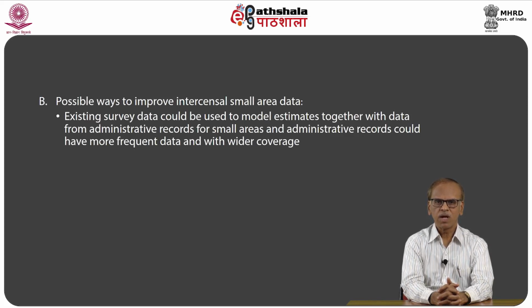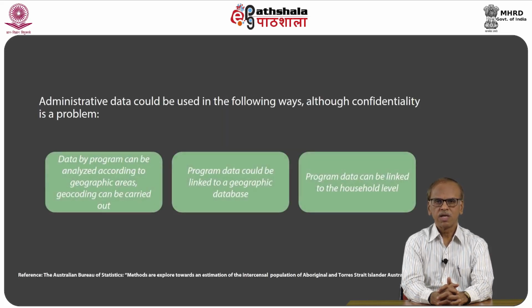B. Together with data from administrative records for small areas, as administrative records could have more frequent data and wider coverage. C. Administrative data could be used in the following ways, although confidentiality is a problem. Number 1: data by program can be analyzed according to geographic areas, and geocoding can be carried out. Number 2: program data could be linked to a geographic database. Number 3: program data can be linked to the household level.